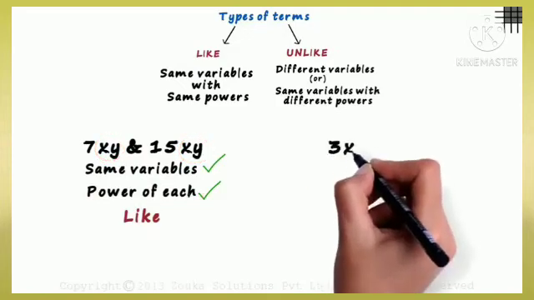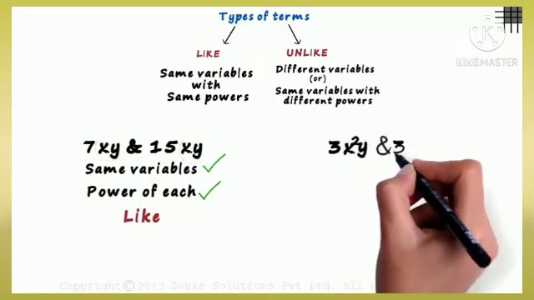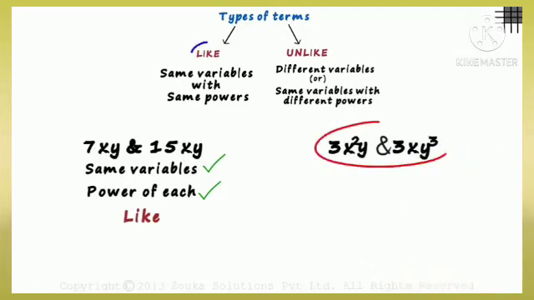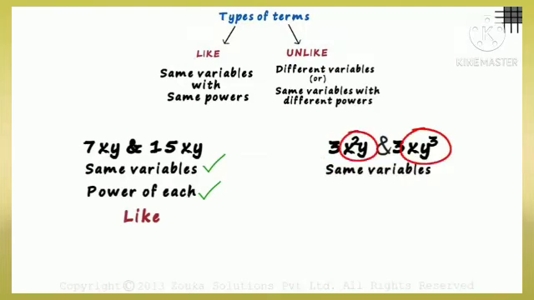What about 3x squared y and 3xy cubed? Are they like or unlike? Both the terms have the same variables, x and y. Now let's compare the powers of each of the variables. Let's look at the power of x first. In the first term, it's 2 and in the second, it's 1.